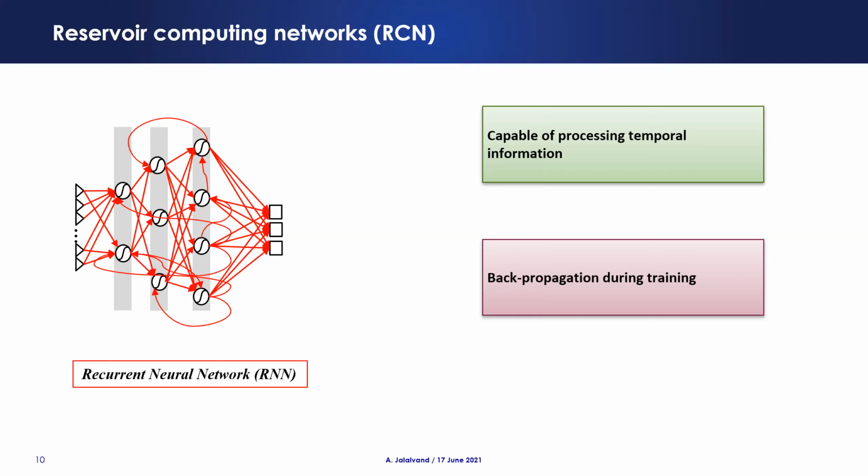Very good. But the bad news is that training a recurrent neural network is way more difficult than training MLPs because of the backpropagation problem. What does it mean? It means that if you update this weight from right to left, that will affect this node, then it affects this weight, and then it affects this weight, and so on and so forth.